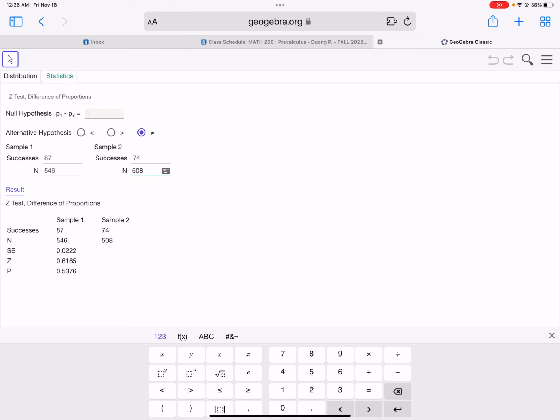So what you see in the answer is the Z, that is the second line from the bottom. That is the test statistic. If you round to 2 decimal places, that will be 0.62. The p-value is 0.53 and something like 54, and it's very close to our answer. Like I said, if you keep the Z to more decimals, your p-value will be very close to GeoGebra.